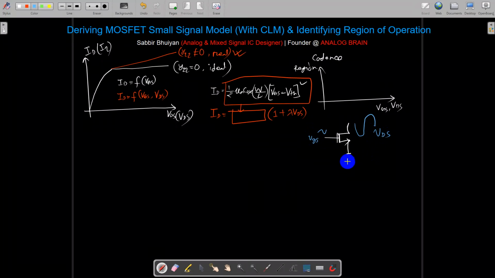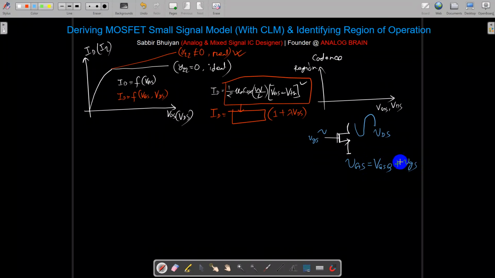So overall you have capital VGS, which means your bias point VGSQ, your quiescent point, plus your small signal vgs.